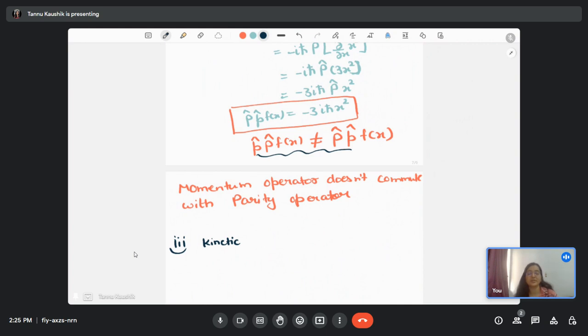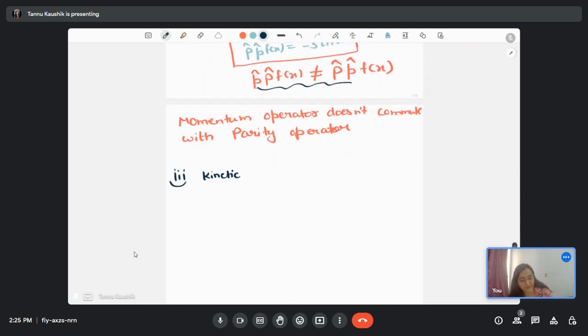Here we are getting opposite signs for these things. So we can say that position and momentum operators are anti-symmetric with the parity operator because we are getting a minus sign out of it. Okay, because f of x is equal to minus f of x after operating these operators.